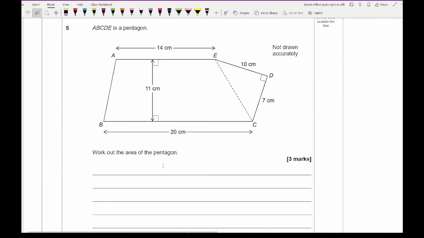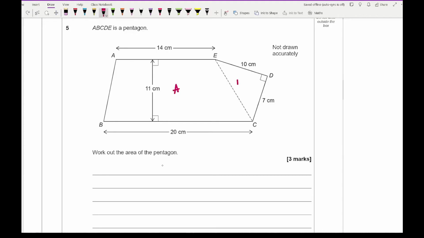Moving on to question 5, it says ABCDE is a pentagon. Work out the area of the pentagon. So what you need to do is establish that this is two shapes. We've got a trapezium and we've got a triangle.